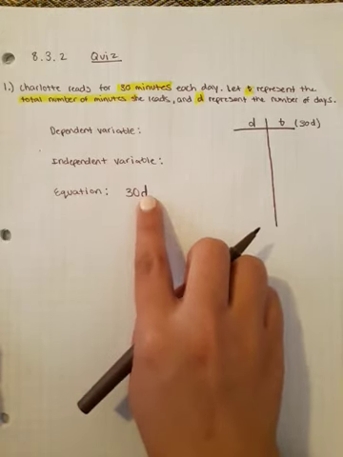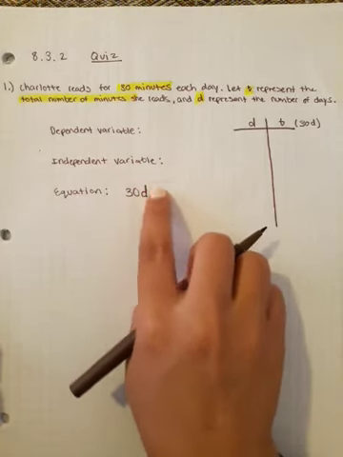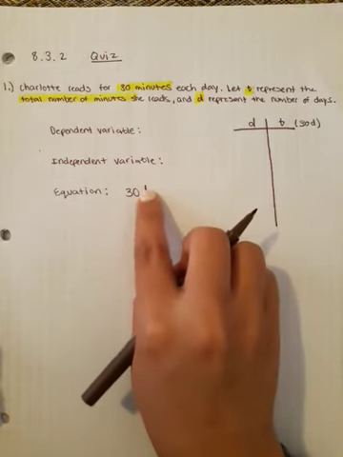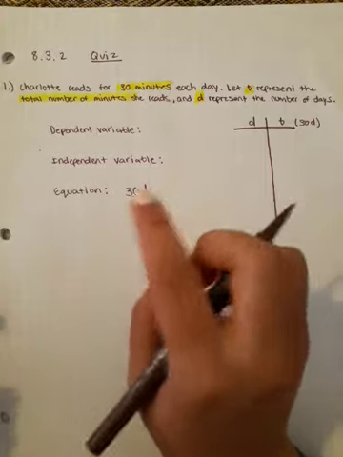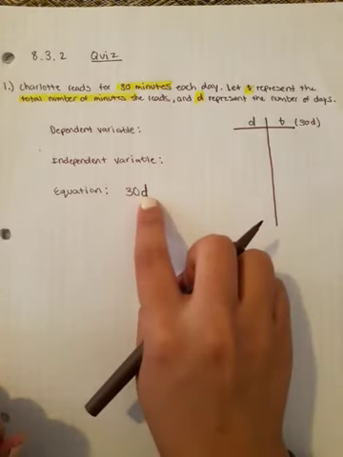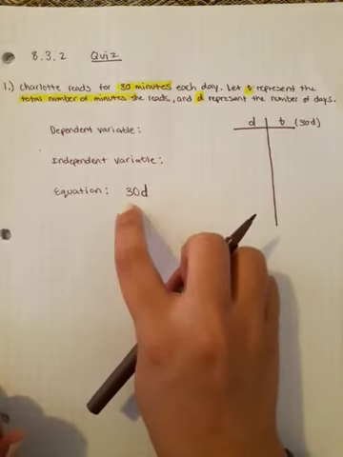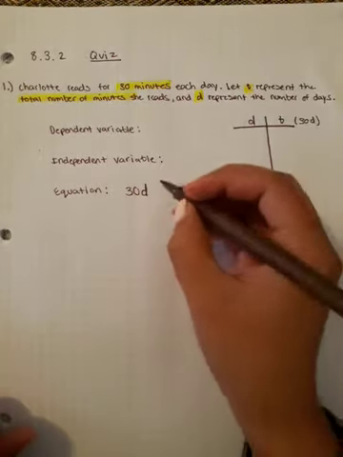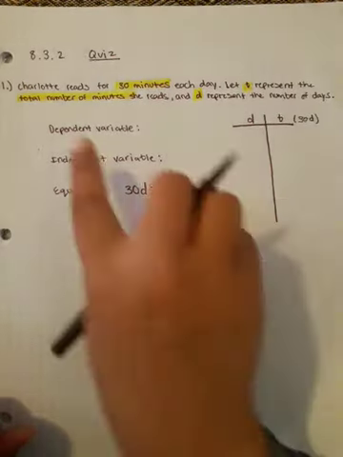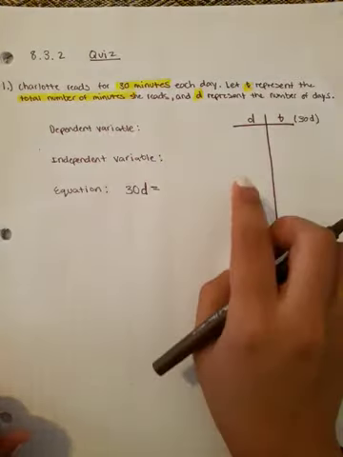If she reads 1 day, 2 days, 3 days, whatever the amount of days, you're going to have to multiply times 30, because it's 30 minutes for each one of those days. So 30D, 30 minutes for each day, will give you the total number of minutes that she reads.